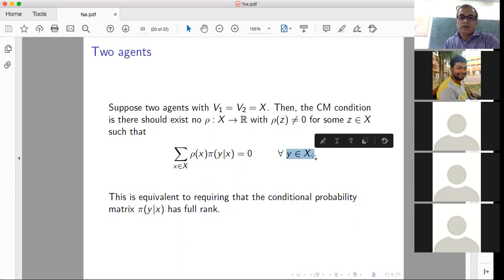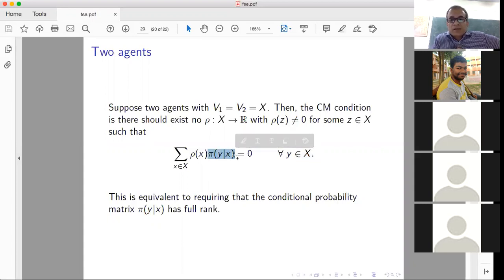Then you basically do it for each of them, and it will define a finite set of equations. Because the number of equations is the same as the number of variables, in this case this will be equivalent to requiring that this conditional probability matrix has full rank. So it's a full rank condition in this particular case.